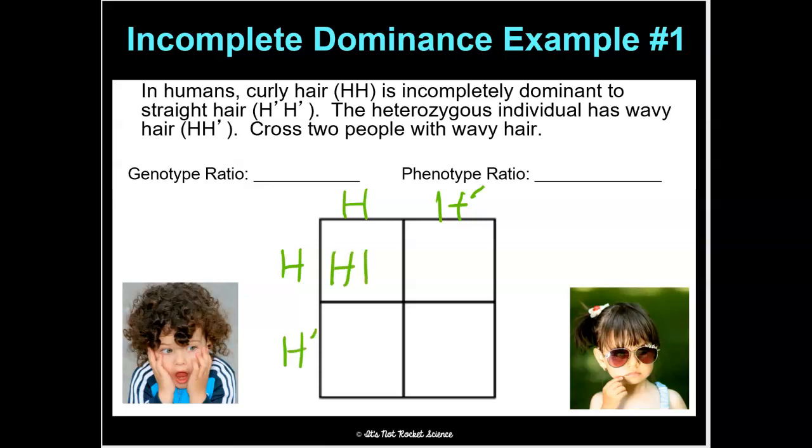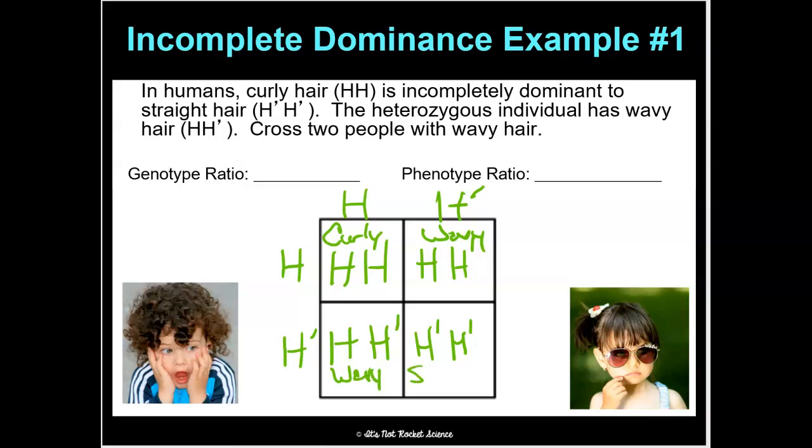So when we combine them, this baby would have two curlies. This baby would have one of each. This baby would have one of each. And this baby would have two of the straights, right? So that makes this baby curly, this baby wavy, because they have one of each, this baby wavy, and this baby straight.